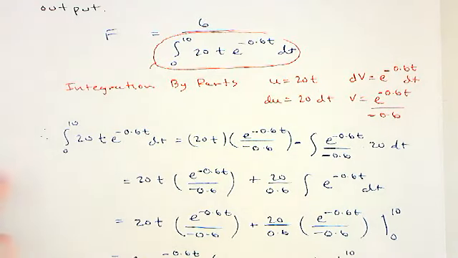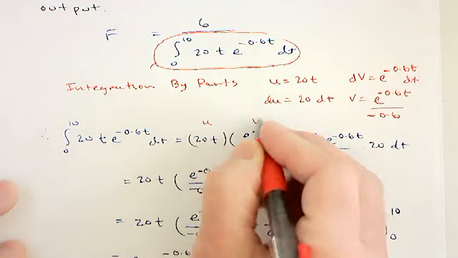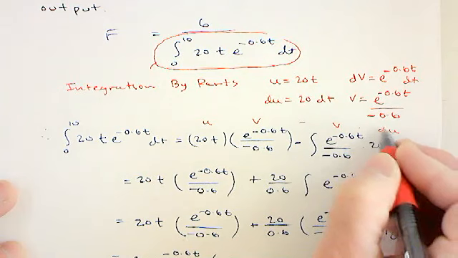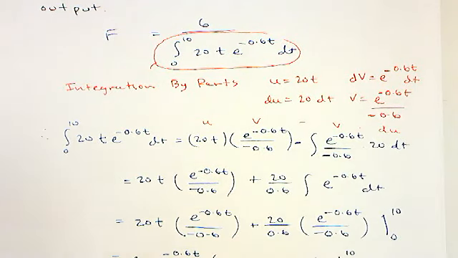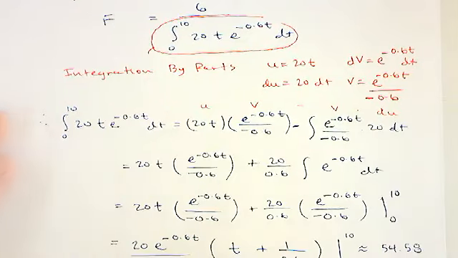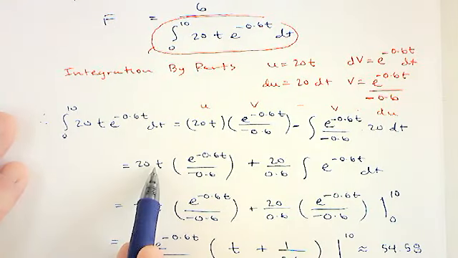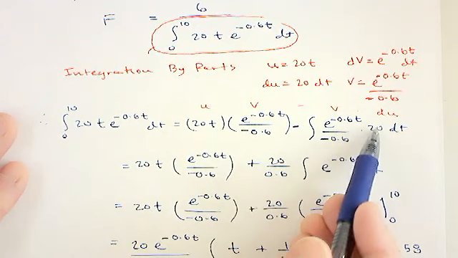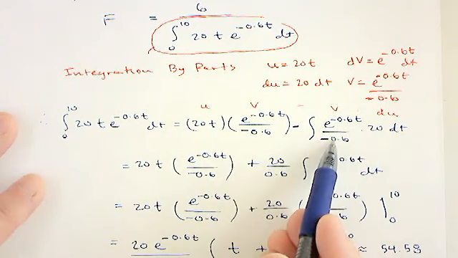So using my formula, uv minus the integral of v times du, we get this messy looking thing here. I'm just going to leave that as it is. Here, what I decided to do was pull out the 20 divided by the negative 0.6.